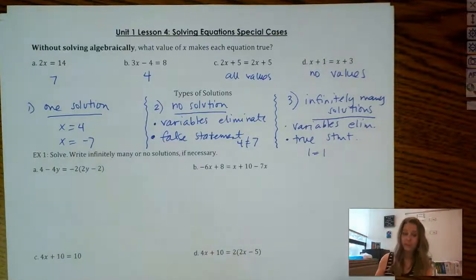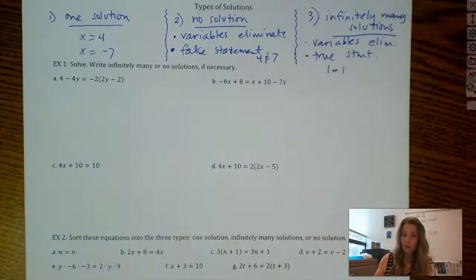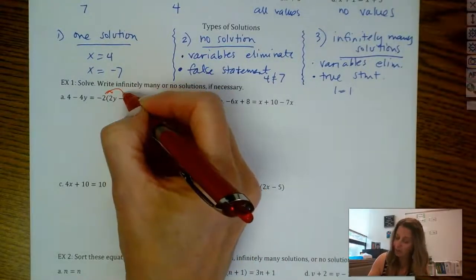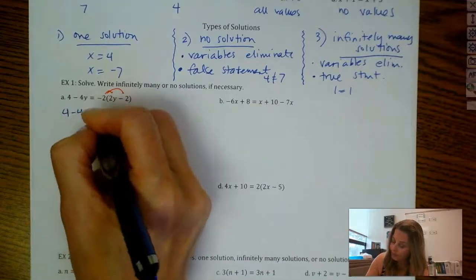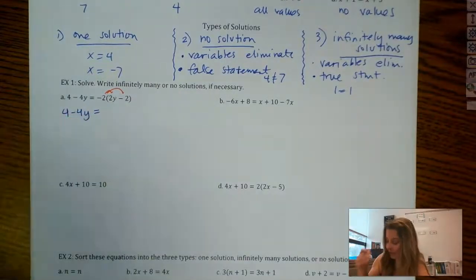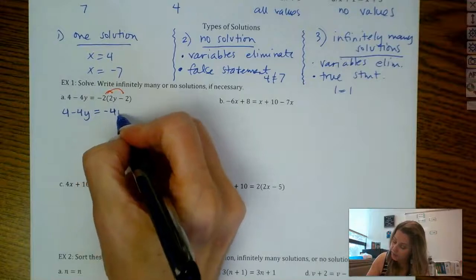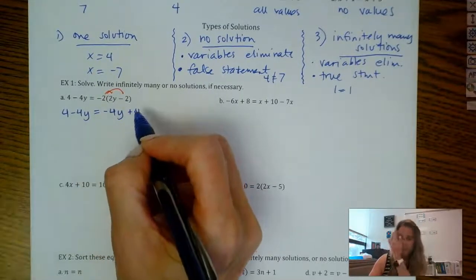Okay, let's go through some examples here and solve these out. I'm going to switch back and forth colors. Step 1, I am going to distribute over here. Let's bring down 4 minus 4y. And then I have negative 2 times 2y is negative 4y. Negative 2 times negative 2 is positive 4.